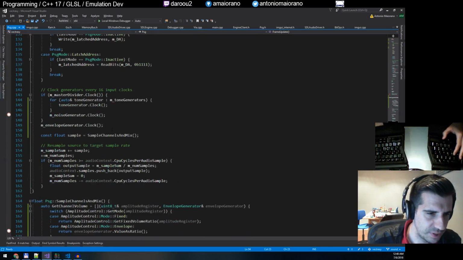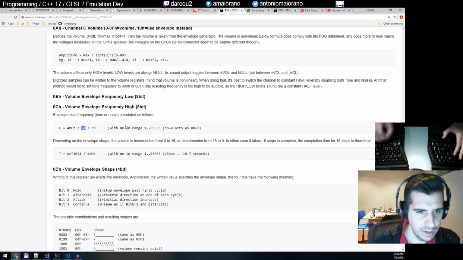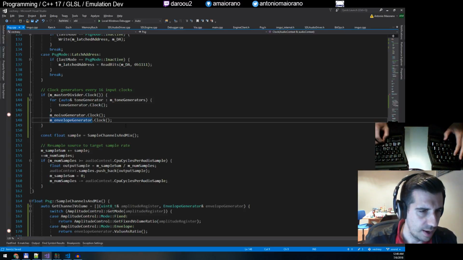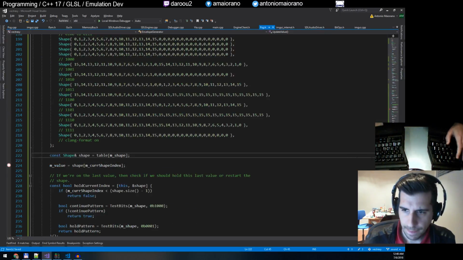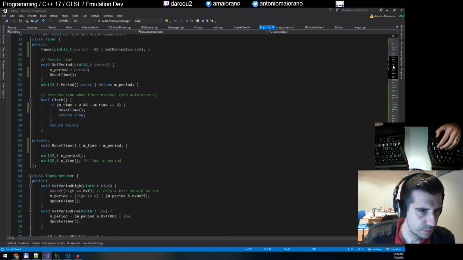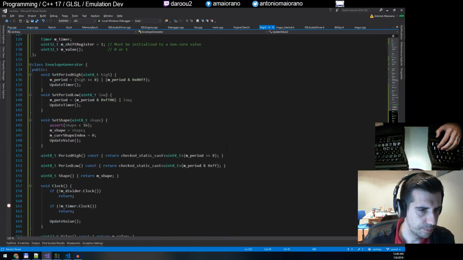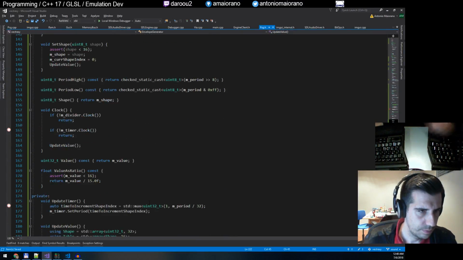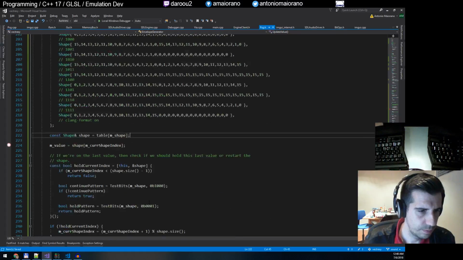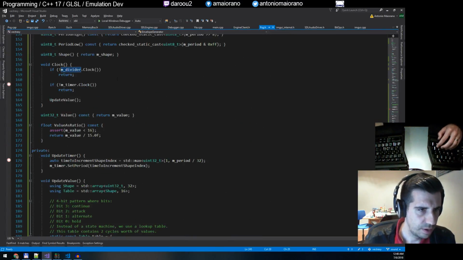I don't know about that 256. Let's see if we were to do this at the same rate, like it's saying here, and then go into the envelope. This divider, we just removed it.